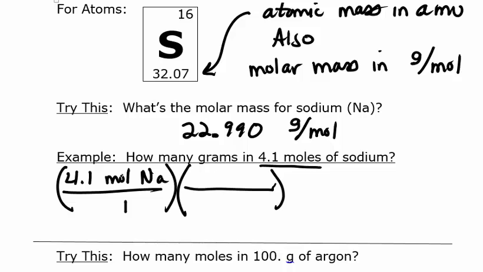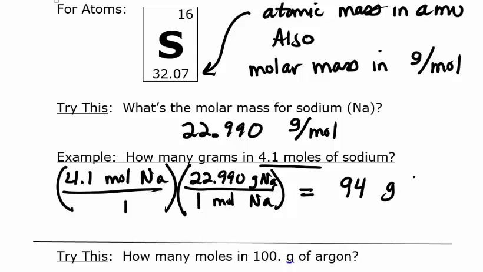Since we want moles on the bottom to cancel, that means the 22.990 goes on the top. So 22.990 grams of sodium per 1 mole of sodium. Do the math and you'll get 94 grams of sodium.